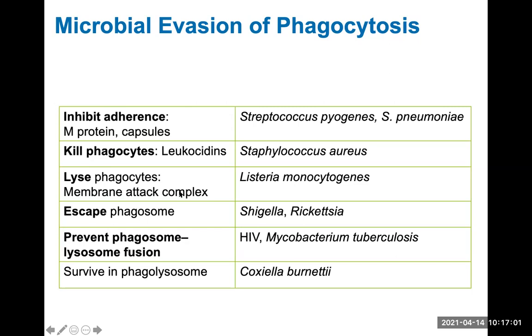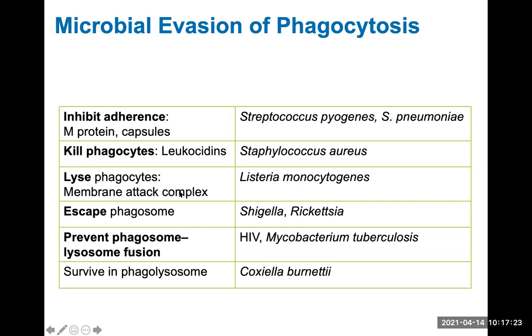So it's like, great, now I'm inside. Hooray for me. And then we have things like Mycobacterium tuberculosis and HIV, right? They can prevent the lysosome from fusing to the phagosome so it doesn't get digested. And it can just survive.